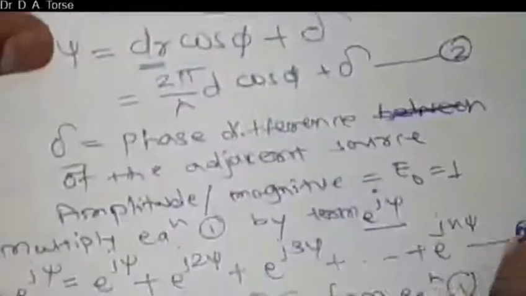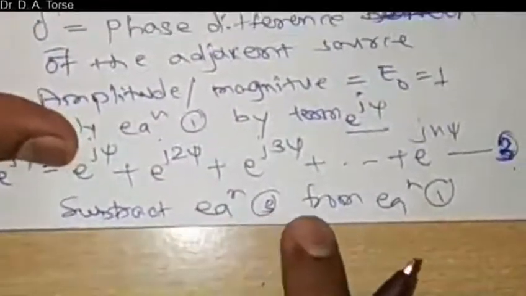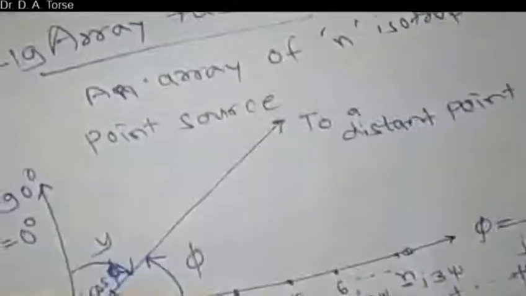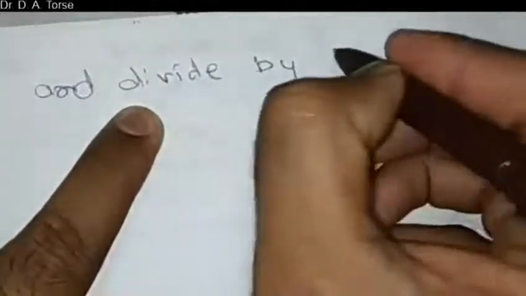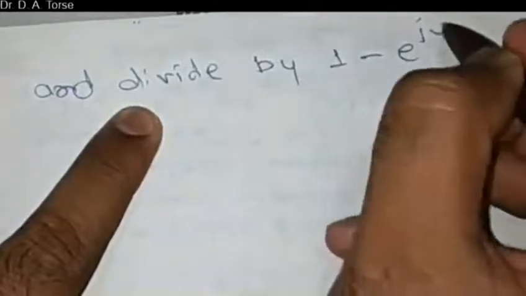It's not only subtraction of equation 3 from 1, as I have mentioned here. Subtract equation 3 from equation 1, and it's a continuation in the same term, and divide the result what we get by the term 1 minus e to the power j psi.